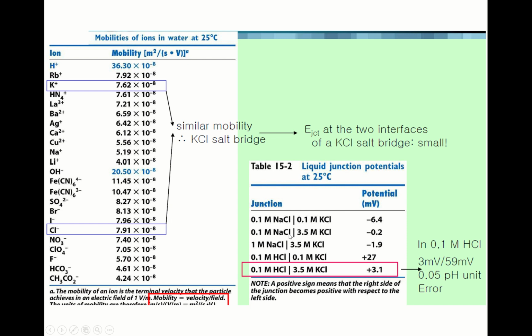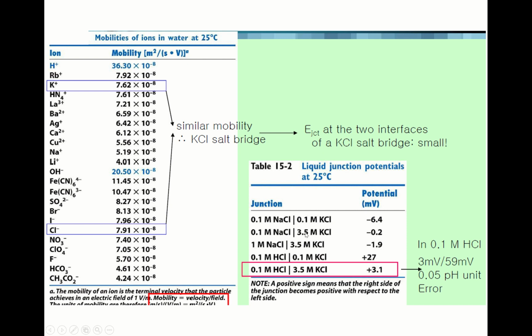The second case has the same composition as the first one, but on the right, the liquid has a very high concentration of potassium chloride. In this case, the junction potential becomes quite small. Why? Because the sodium ion mobility is here, and the potassium ion mobility is larger, and somehow they cancel each other.